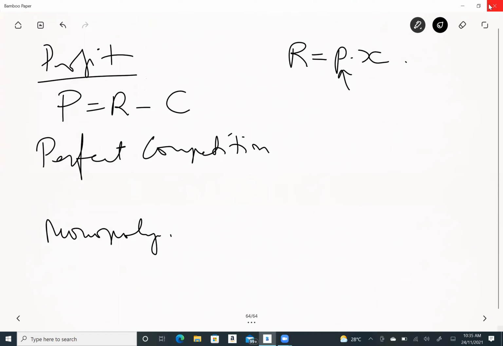All right. Now, what about the price in perfect competition? Anybody who has taken principles of micro? There are many firms, so how do you determine the price?